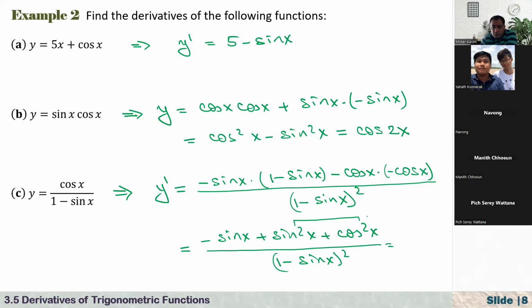Maybe that's the most famous one among the trigonometric identities. So in the numerator we have 1 minus sine of x, over 1 minus sine of x squared. Now if you simplify this, finally we have 1 over 1 minus sine of x.